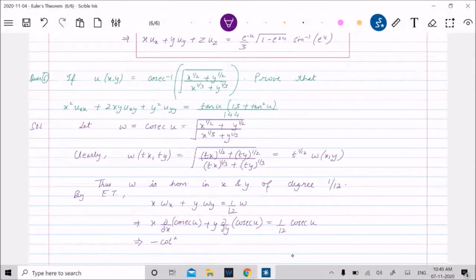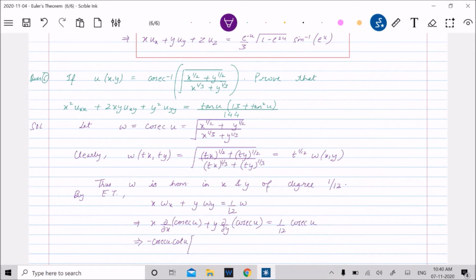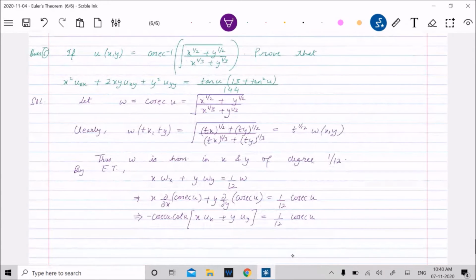Is it minus cosec u into cot u? Yes, minus cosec u into cot u. Okay, fine. And do not forget that you are going to differentiate u also. Del u by del x and del u by del y will be inside this bracket, equal to 1 by 12 cosec u.